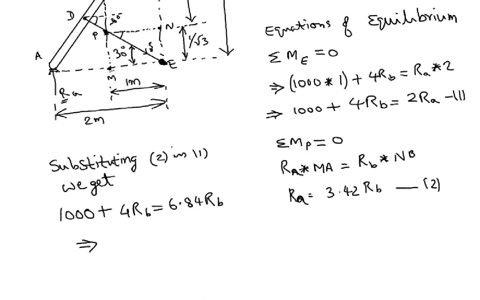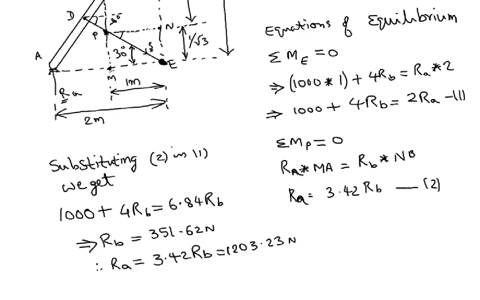Solving, we get RB as 351.62 newtons. Therefore, RA is 3.42 RB, which if you substitute that number gives 1203.23 newtons.